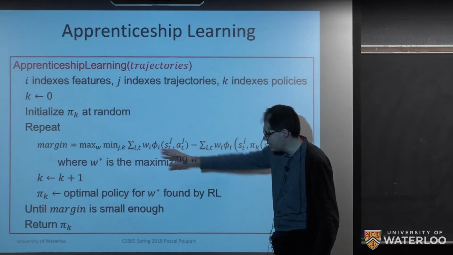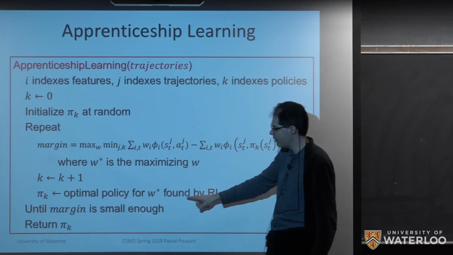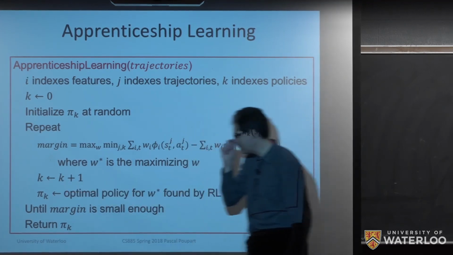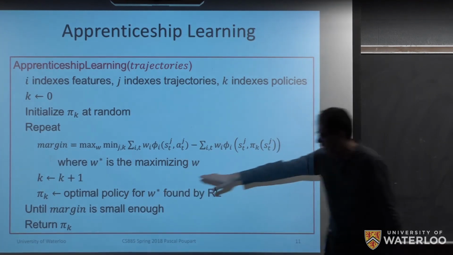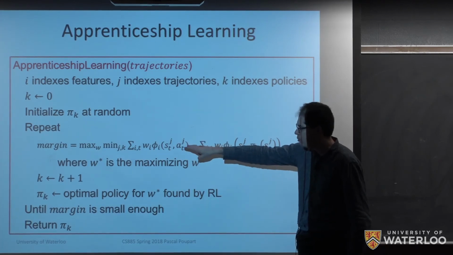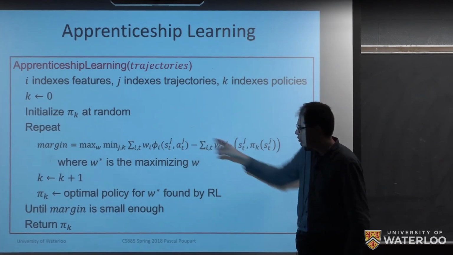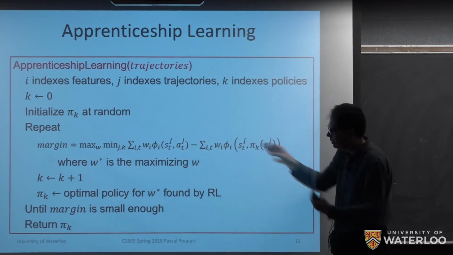But now, when I get this new reward function, just as a sanity check, let me find a new policy, pi k, that is optimal for this reward function. And then at the next step, we would like to verify if that new policy would earn some rewards that are higher or not.